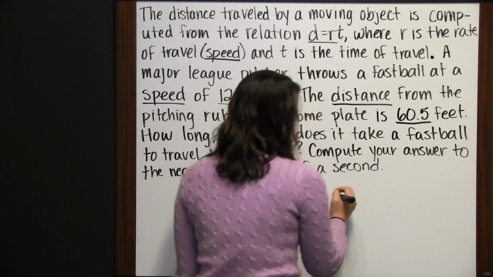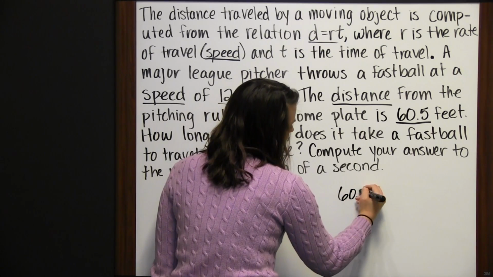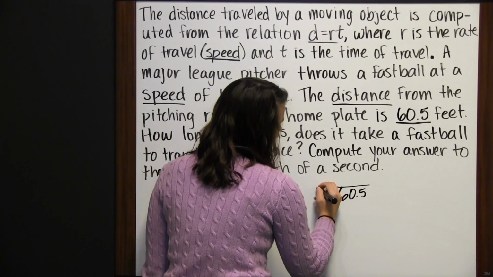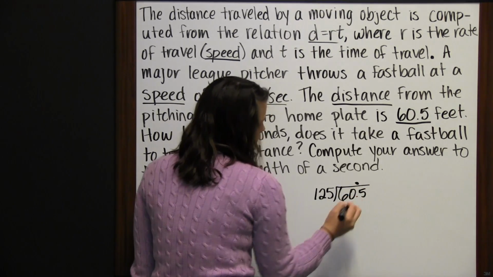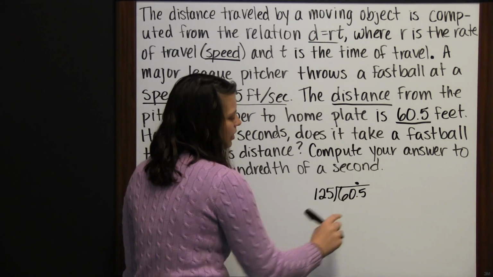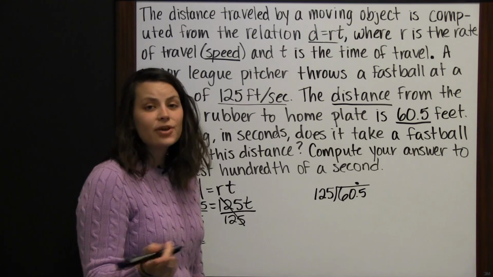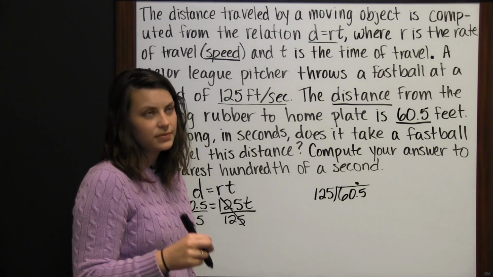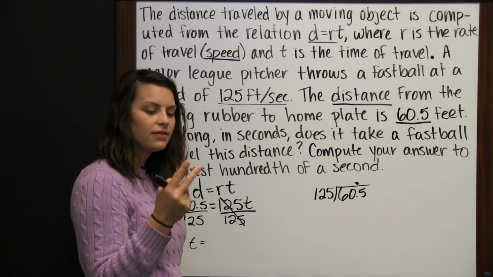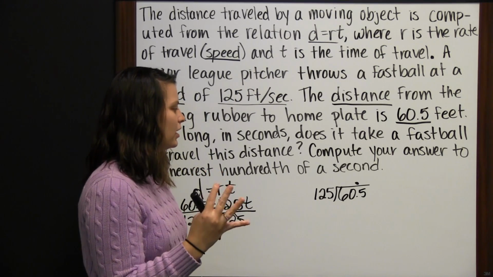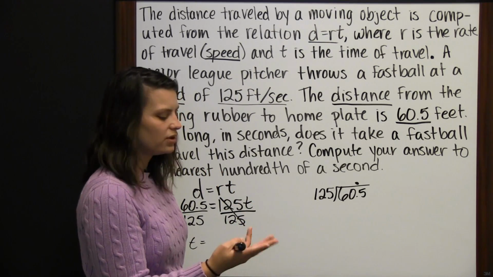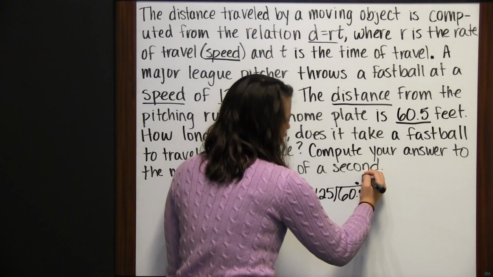So I'll work it over here, 60 and 5/10 divided by 125. So that decimal goes right there. 125 does not go into 60, but it does go into 605. So you've got 125, 250, 500, and then one more time would be 625, so that means it only goes 4 times.